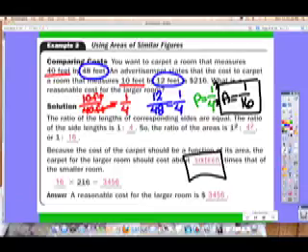Do 16 times, where did this 216 come from? Kevin, you still with us? 216 was the price of the smaller room, times it. There's your final answer. It's a lot of money. Better be some good carpet. Yeah. Oh yeah, I think I get that one. You okay with the logic of that?